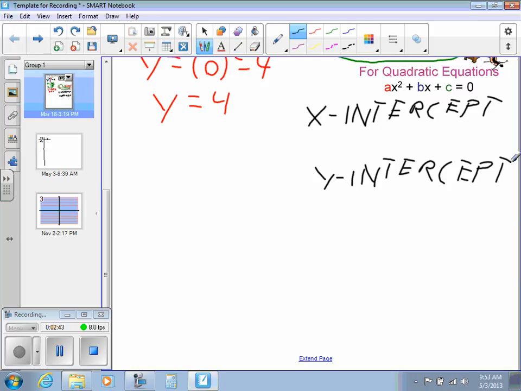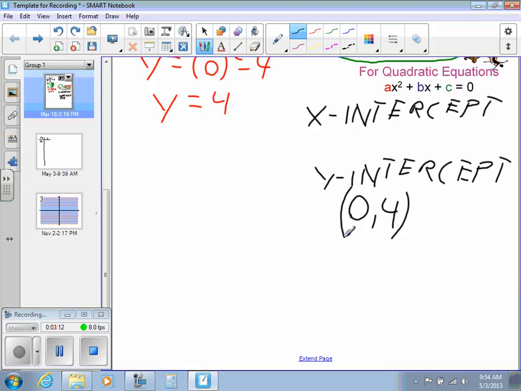When x equals 0, y is 4. So my y-intercept occurs at 0, 4. There's only one of them. Let's see what my x-intercept is. To find that, I need to now plug in 0 for y and solve for x.